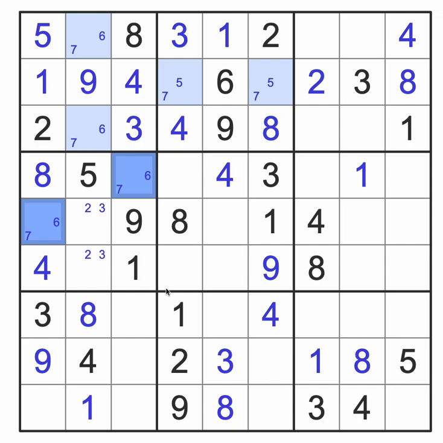Right. Yeah, I think this is close to the end, but it just allows a lot of ways to go from this point. This row is missing 6 and 7, so I get 6, 7 double here, which will help.